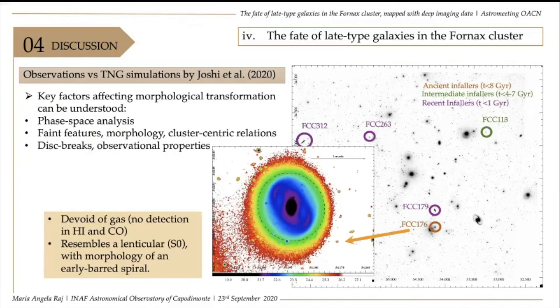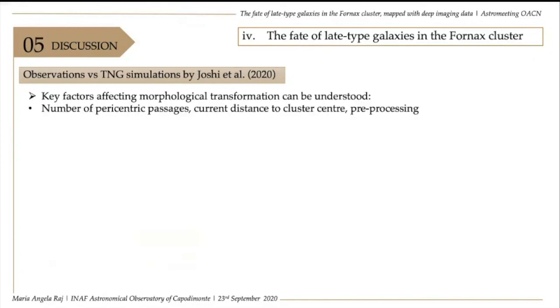So here's an example. We have FCC 176, which is an ancient infaller. It is devoid of gas, resembles a lenticular, with the morphology of an early-type spiral. So it looks like this galaxy has spent the most time in the cluster and undergone the largest change in morphology. From simulations, we look at the number of pericentric passages, the current distance to the cluster center, and pre-processing.